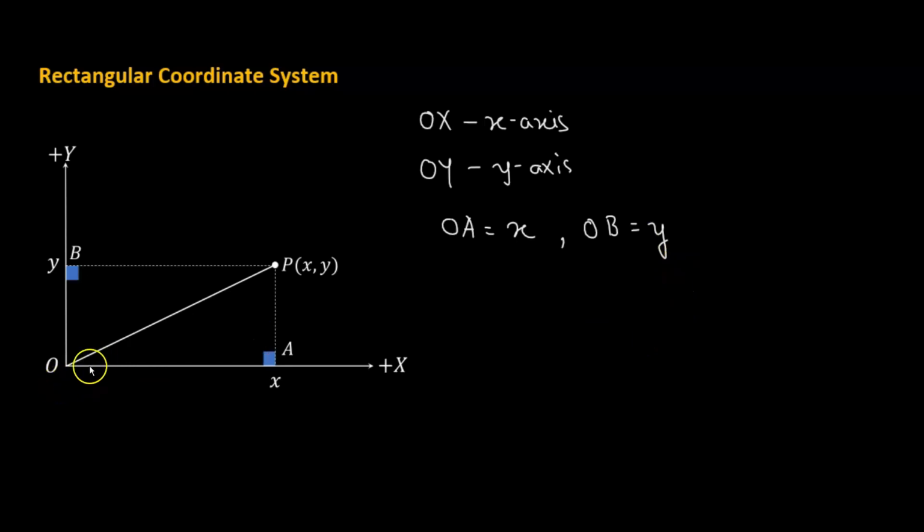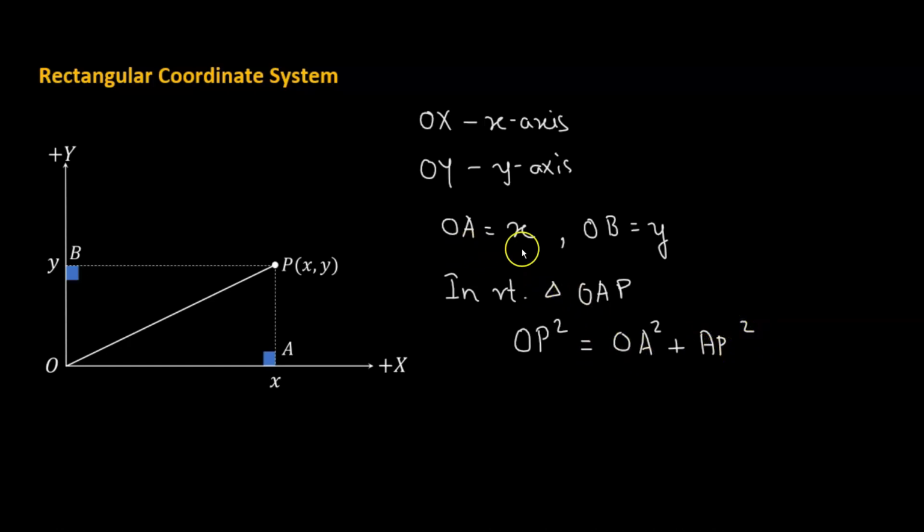Now, if we consider the right angle triangle OAP, we can use the Pythagoras theorem. So that will be OP squared, the length of the longest side, the hypotenuse, equals the base OA squared plus the opposite side AP squared.